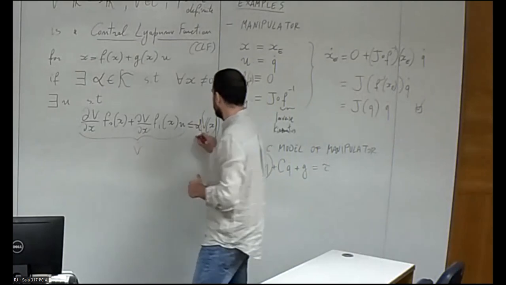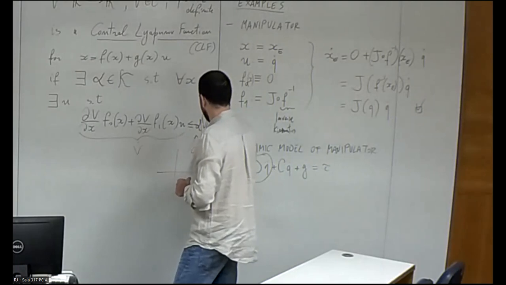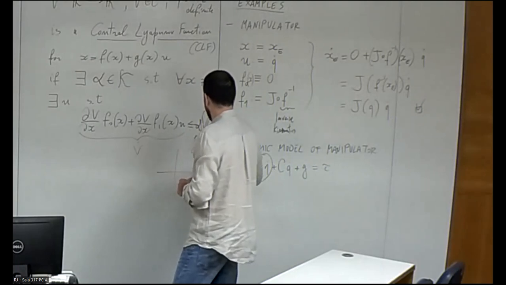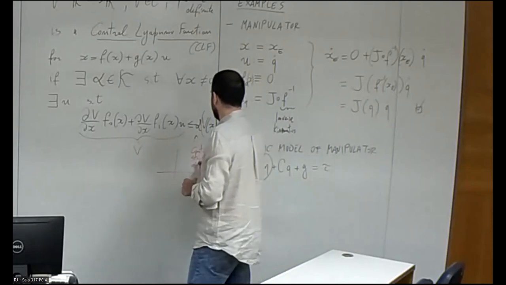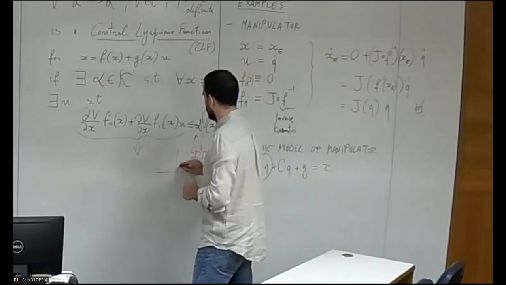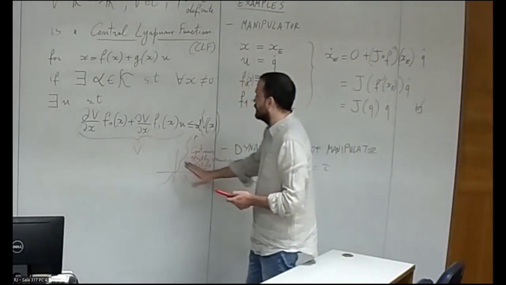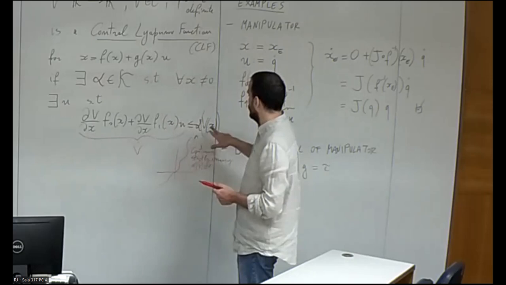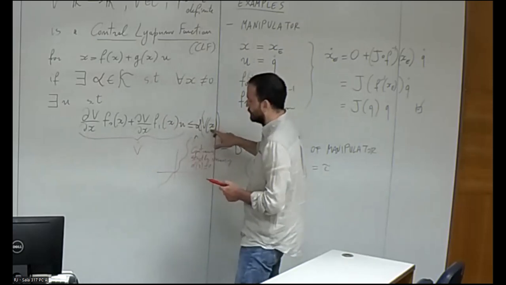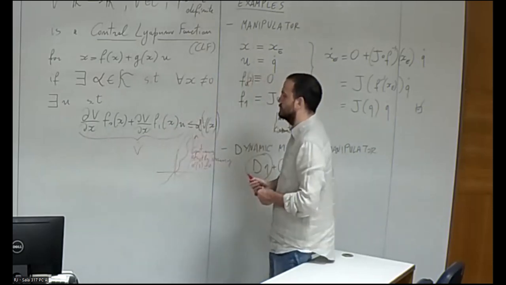Alpha can be any function which is continuous, strictly increasing, and 0 at 0. So any function that goes like that. In general, you don't care about values less than 0 because these are positive definite functions, so these values are always greater than or equal to 0.